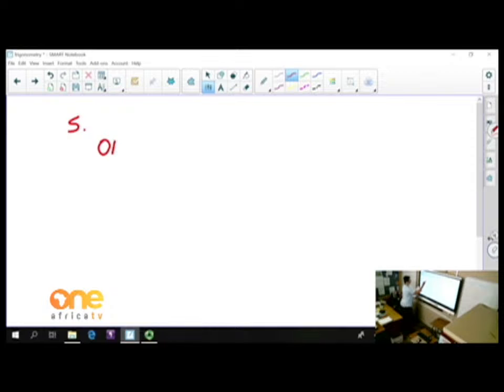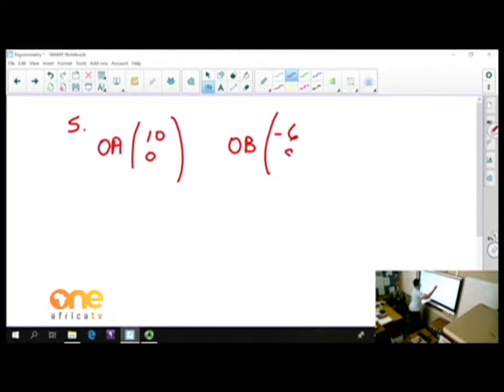So there we have the vector OA, which is 10, 0. And we have the vector OB, which is negative 6, 8. There's my two vectors there. Now, in the first place, they want you to find BA.